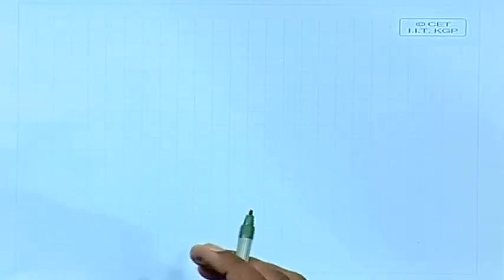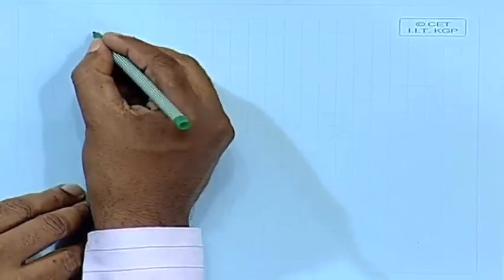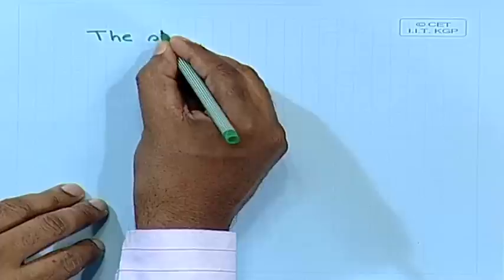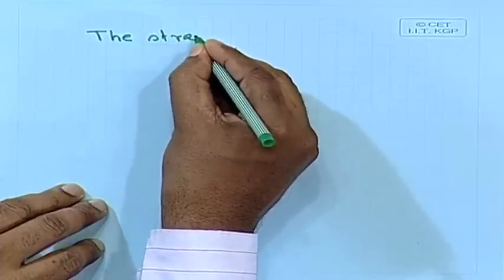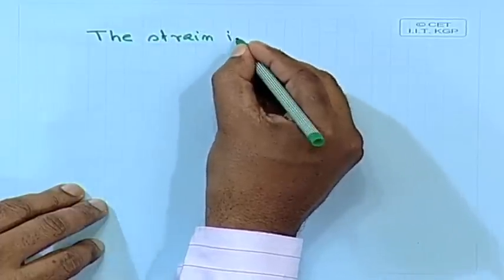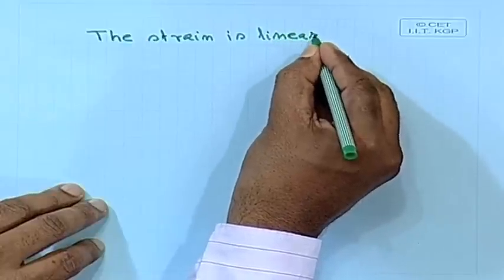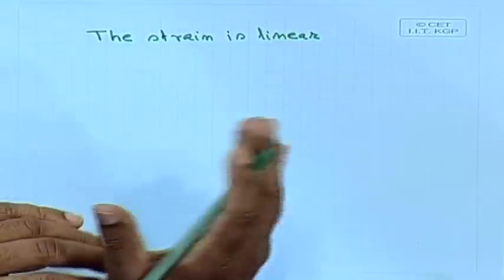So, we can write down, here we have considered the strain is linear, plane section remains plane before and after bending, that assumption.